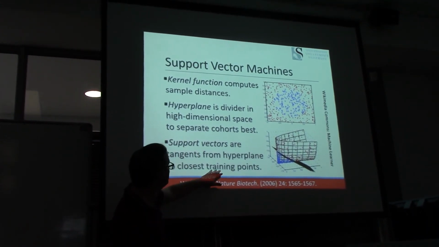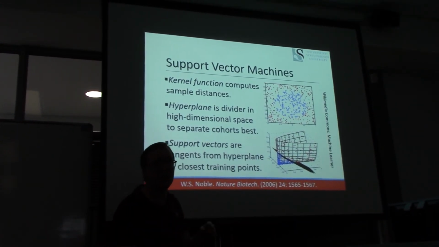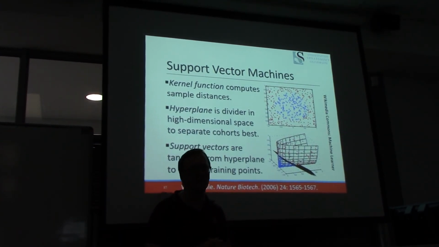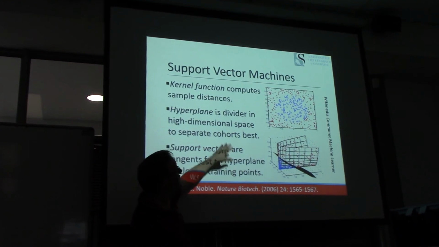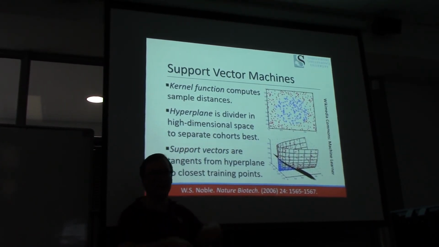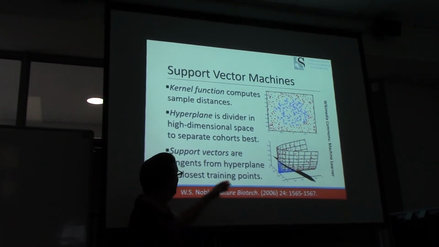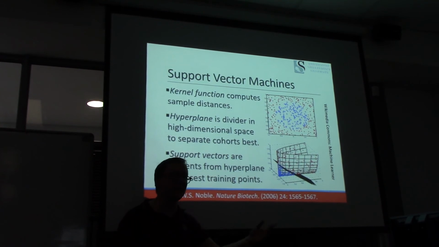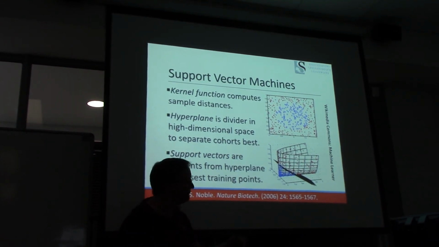So we can call those the support vectors, to explain where the name of this comes from. So creating a support vector machine means finding the right kernel function that allows us to work with the data we have and finding the best place to position this hyperplane to separate the positives from the negatives.